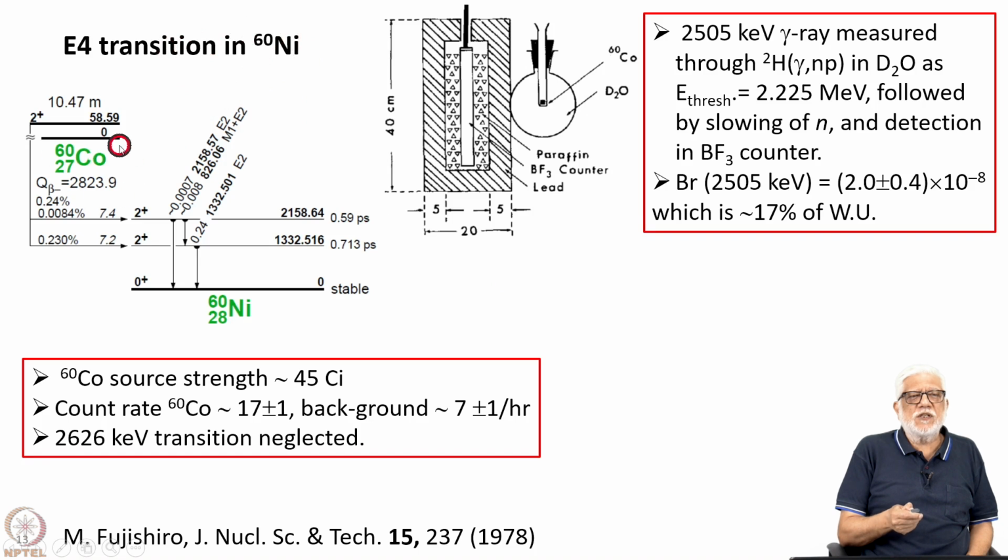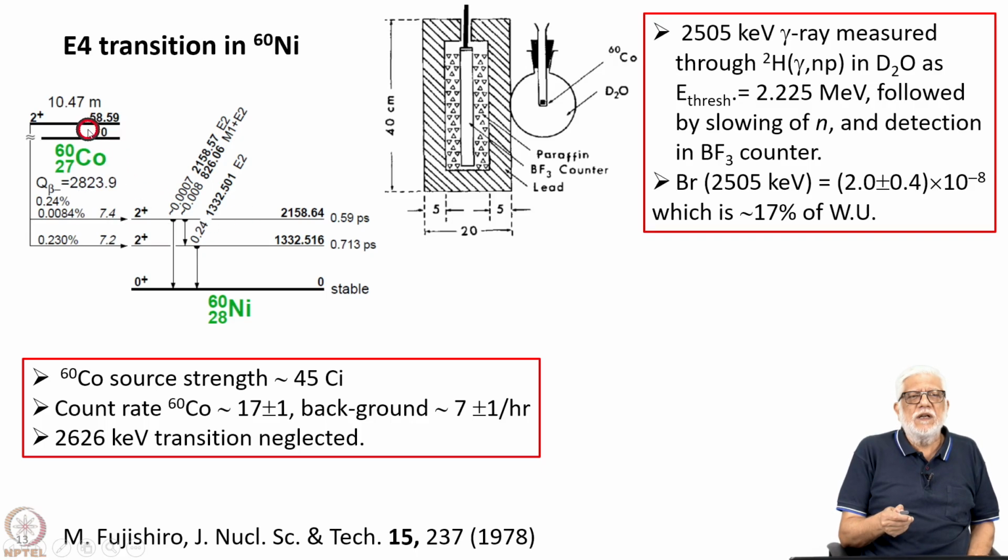As you can see, cobalt 60 is a very standard gamma ray calibration source used in low energy nuclear physics, and the ground state decays predominantly. Okay, this is what is shown for this decay, but I should have taken another figure, maybe I'll replace it in the ultimate slide.